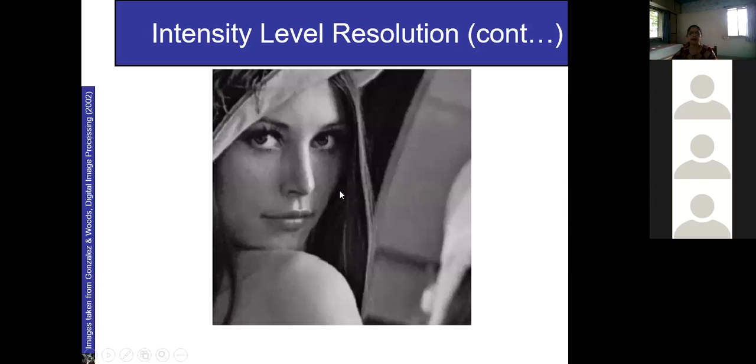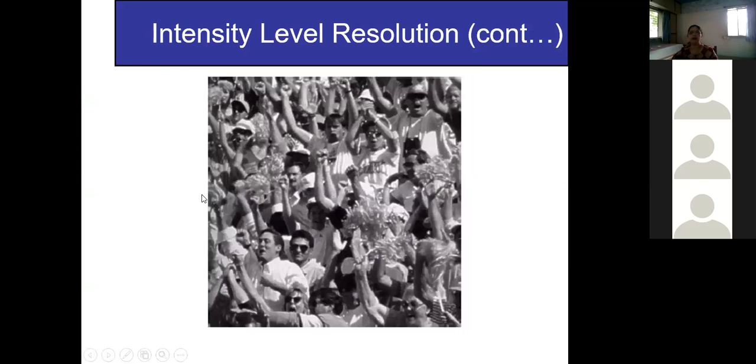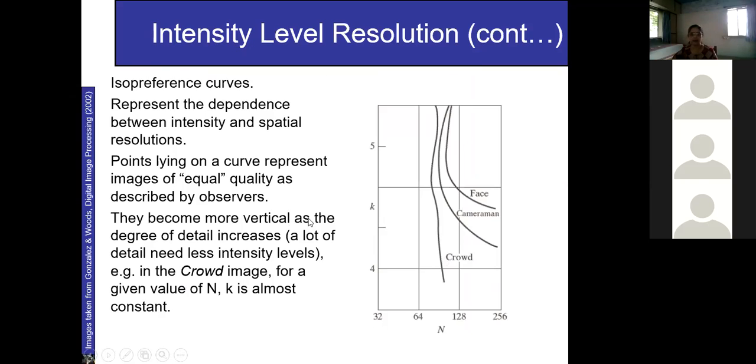These are examples of image types according to image contents and details. This is a low detail image, this is medium detail, with some foreground cameraman. Here a cameraman is standing, with some background and foreground in the image, but as compared to this, there are more details, and this is a high detail image.